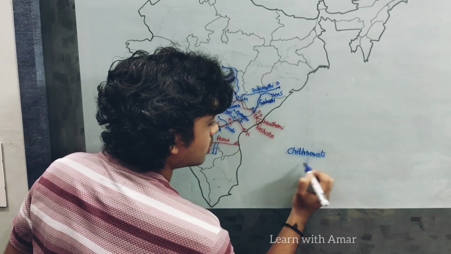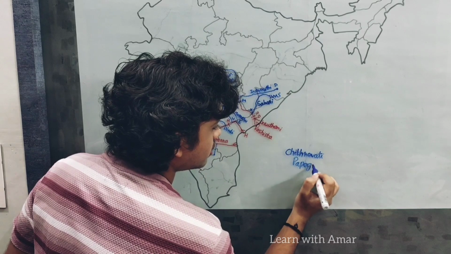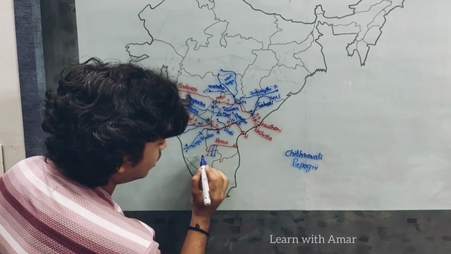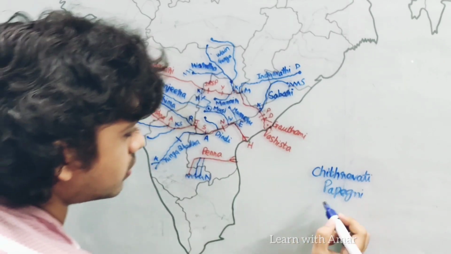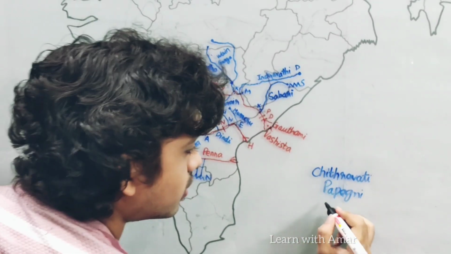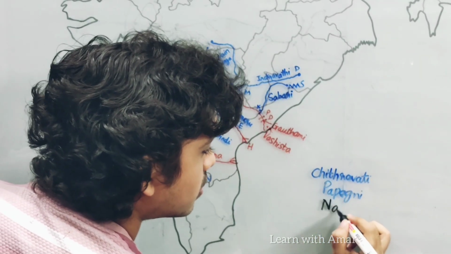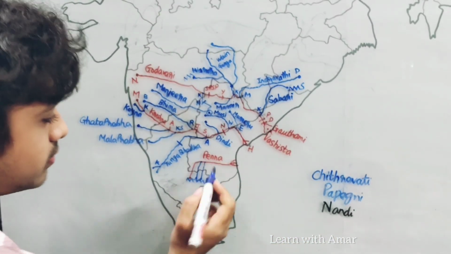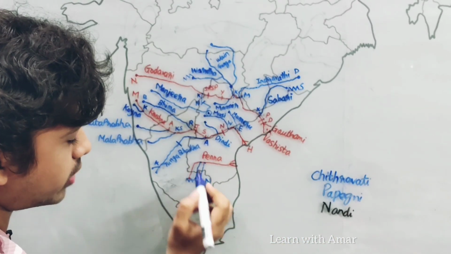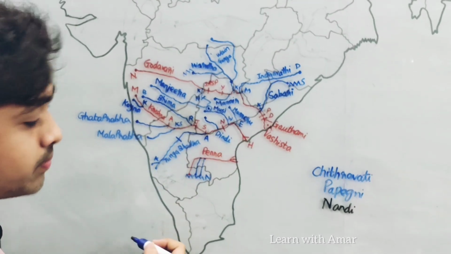Chitravati and Papagni. All three of them originate in the Nandi Hills, and these two tributaries join Penna in Andhra Pradesh, right?